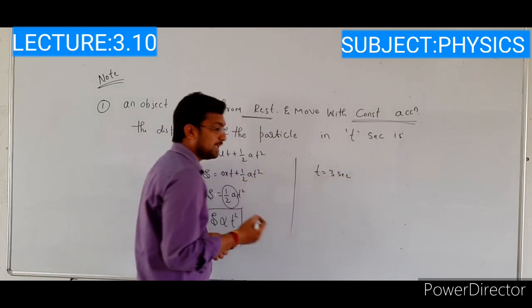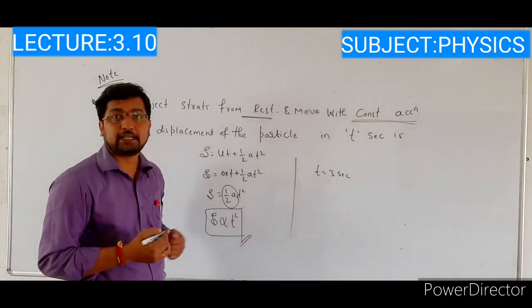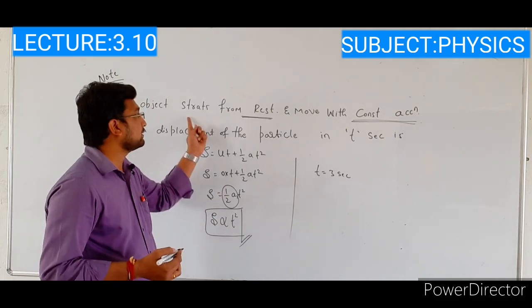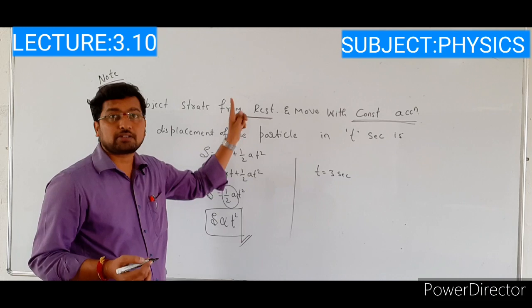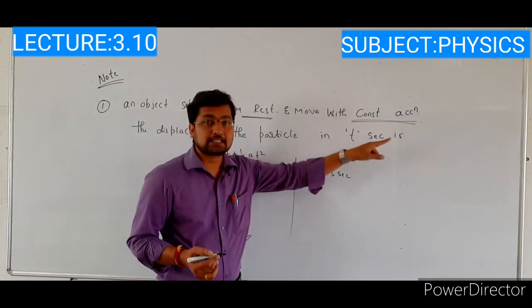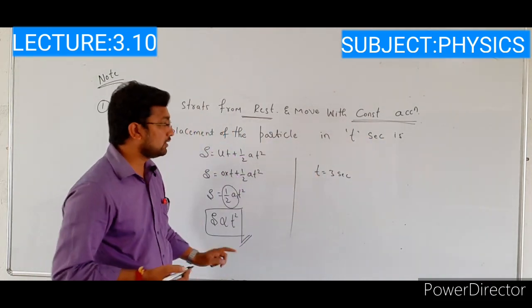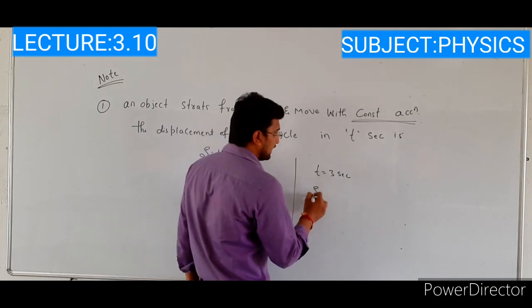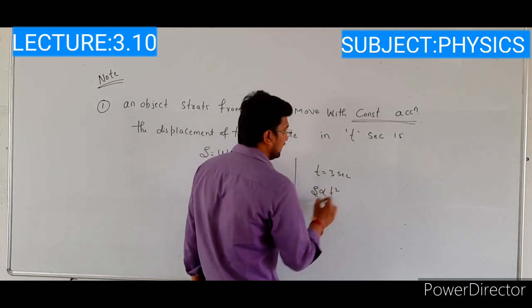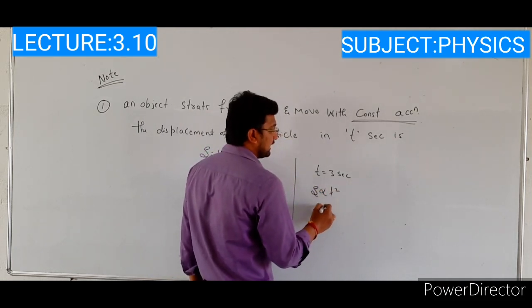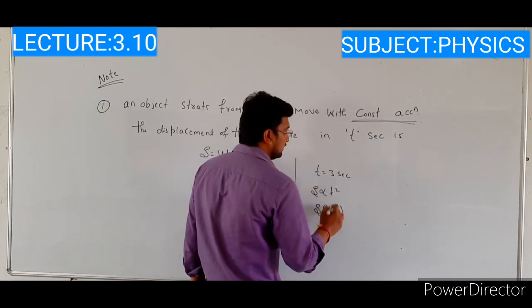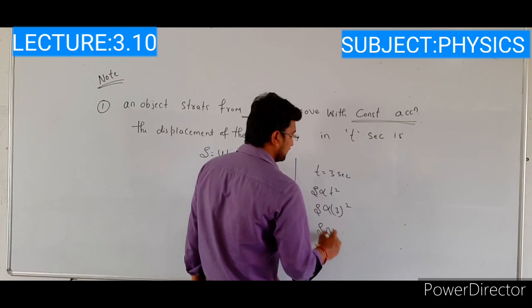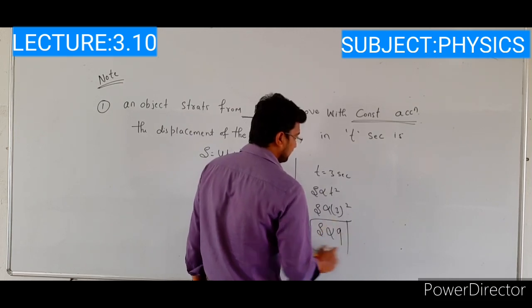So then what is the displacement of the particle at the 3 seconds? Here what is the condition? The object starts from rest means initial velocity is 0, with a constant acceleration. So then the displacement is directly proportional to t square. T value is 3, square that is 9. Displacement of the particle is 9.